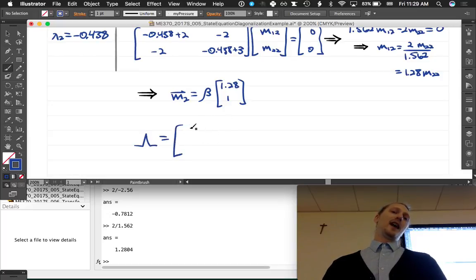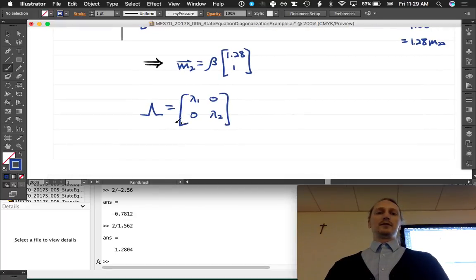And that's just the eigenvalues along the diagonal, right? Lambda 1, lambda 2, and then zeros elsewhere. So we said that that's going to be negative 4 point something. What is it? 5, 6. 5, 6. And then 0, 0, and then negative 0.438. Yeah. Sweet.